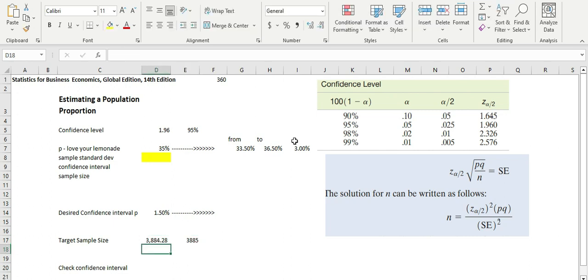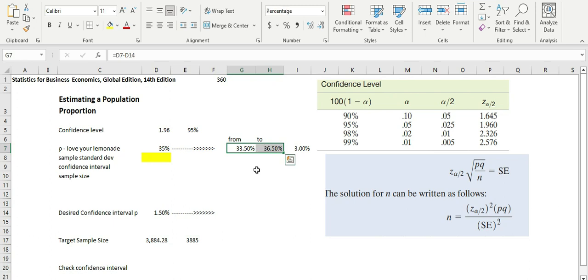You need to be exact on that; you cannot express people by decimals, so you will convert that to 3,885. So you need that sample size for this accuracy.